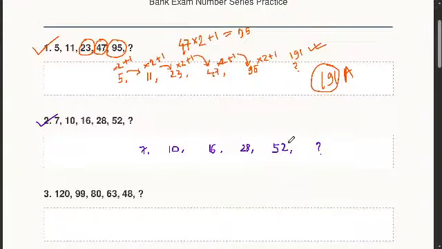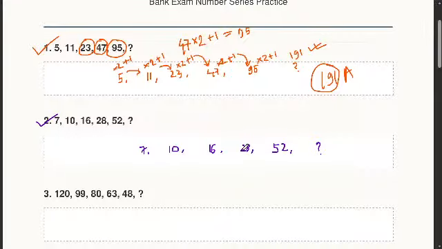So always focus on the bigger number. 52 is bigger, and 28 is like half or one third of it. Okay.